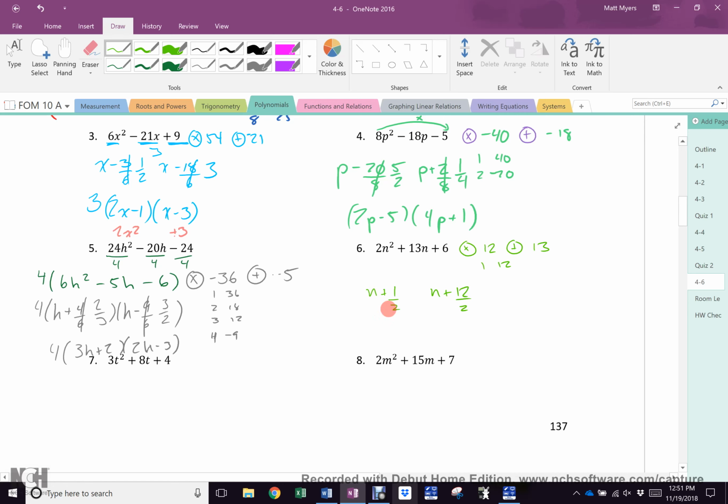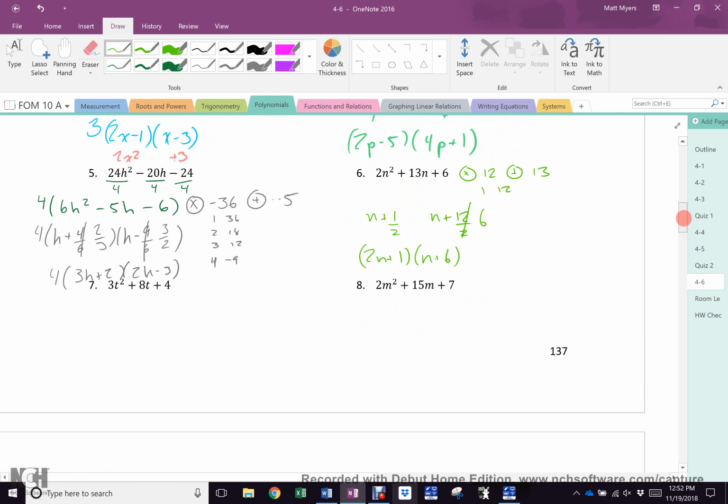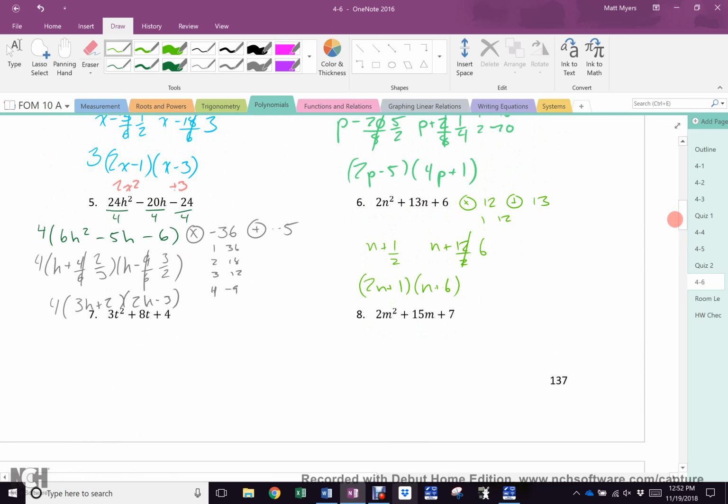Nope. So where does the 2 go? To the front. Does that simplify? To what? 6. Any denominator? Nope. N plus 6. Is 2 times n 2n squared? Is 1 times 6 6? Did I do it right? Am I a rock star?